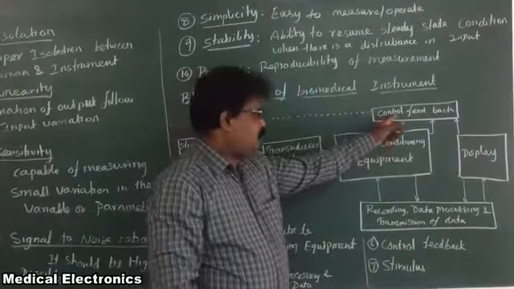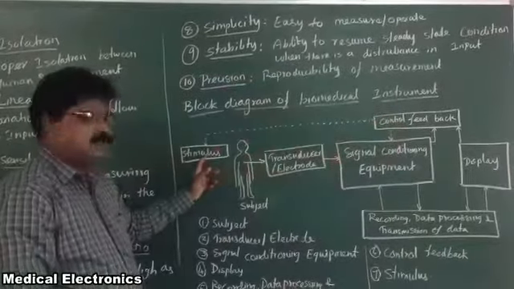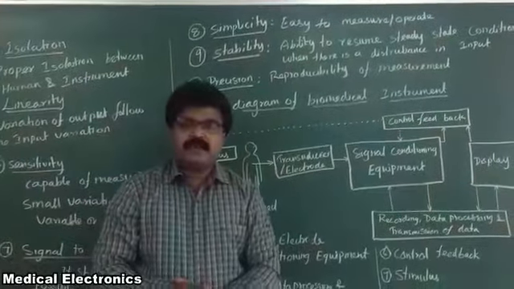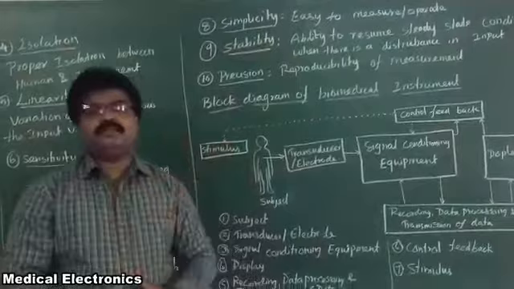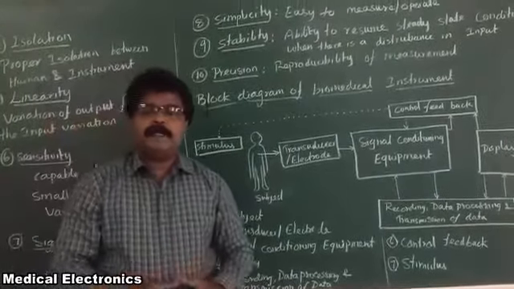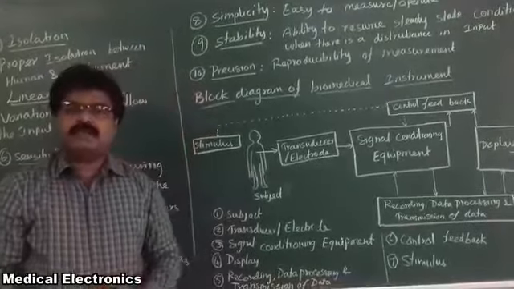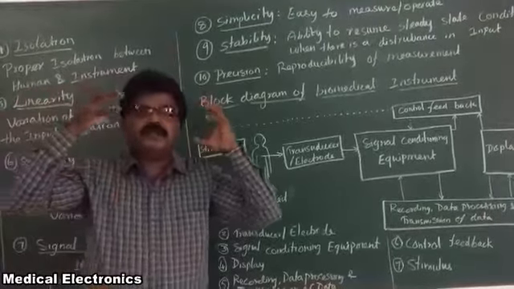So next one is controlled feedback as well as stimulus. What is the need for a stimulus? Stimulus means we are giving some signal to the human, for example an audio signal or a flash of light. For example, we want to study the function of the brain.